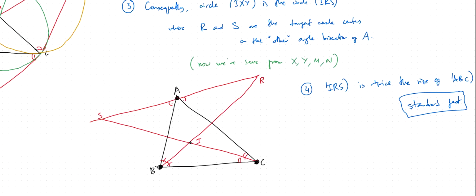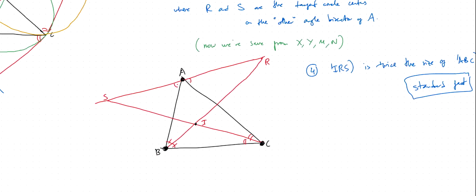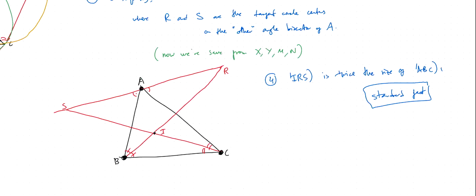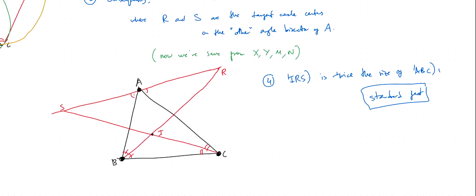In fact, A, B, and C are the feet of the altitudes of IRS, because IA is perpendicular to RS, SB is perpendicular to IR, and RC is perpendicular to IS. These are the feet of the altitudes. So this is the 9-point circle of the triangle IRS. So it is half of the circumcircle of IRS.